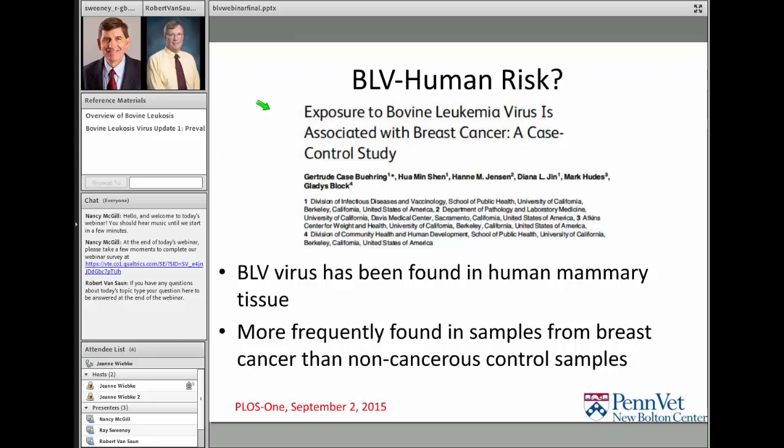As you can see, the title of the article is Exposure to Bovine Leukemia Virus is Associated with Breast Cancer. This is, of course, in people, a case control study.